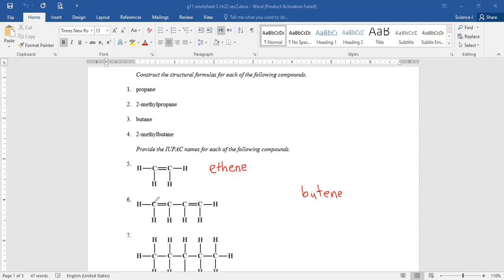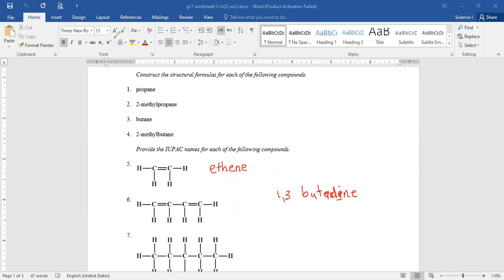We have a double bond between carbon one and carbon two, and another between carbon three and carbon four, so 1,3. And here we change the ending because we have two double bonds, so we make it a diene. A diene means we have two double covalent bonds: di- represents the two, and -ene represents the double bonds.